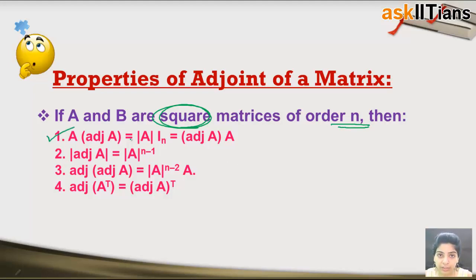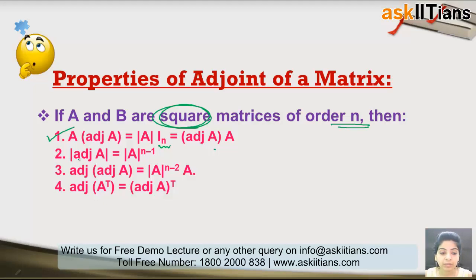A into adjoint A gives me determinant of A into In, that is the n cross n identity matrix, which is again equal to adjoint A into A. So whether you multiply A with the adjoint of A or you multiply adjoint A with A, you will get it as determinant of A into the identity matrix. Do remember these properties, they often prove useful in solving various questions, right? Or they can in fact be asked directly also in exams.